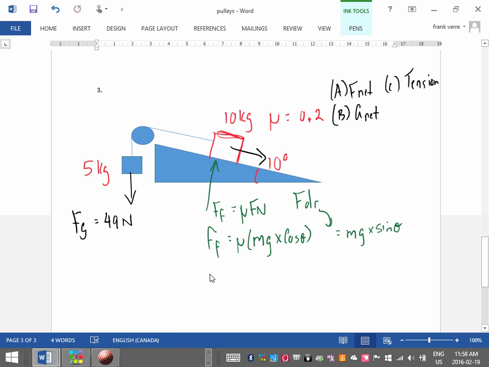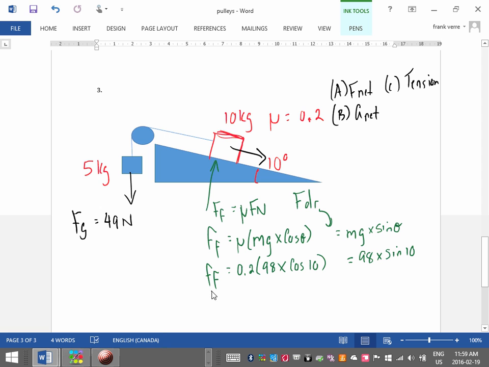So what's my force of friction? It's going to be mu times the weight. Now the weight is 98. It's 10 times 9.8 times cosine of 10. That's my force of friction. My force down the ramp is going to be 98 times sine 10.